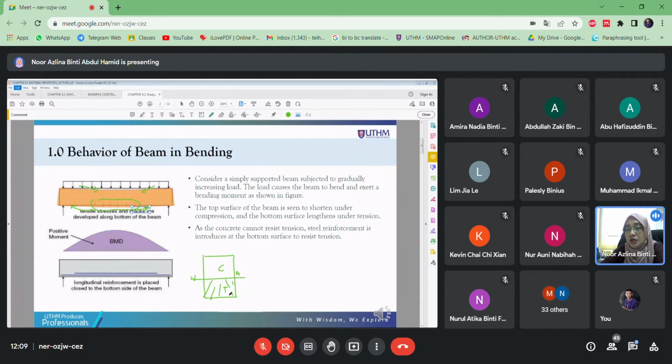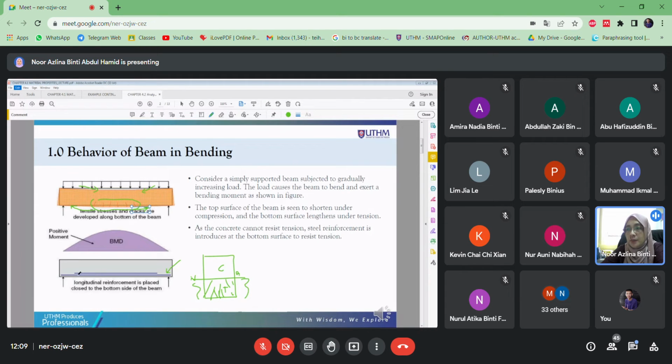So that's why the cracks, the stress, will occur initially first at the tension area. So that's why we provide the reinforcement to help this region, this area, to support all the loads, to support all the stresses within this weakest part.